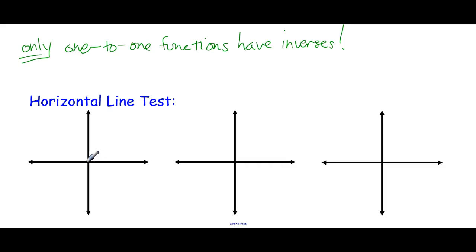If you have a function like y equals x squared, and you can draw a horizontal line through it at, say, 49, where there's negative 7, 49, and positive 7, 49, then that is not one-to-one.